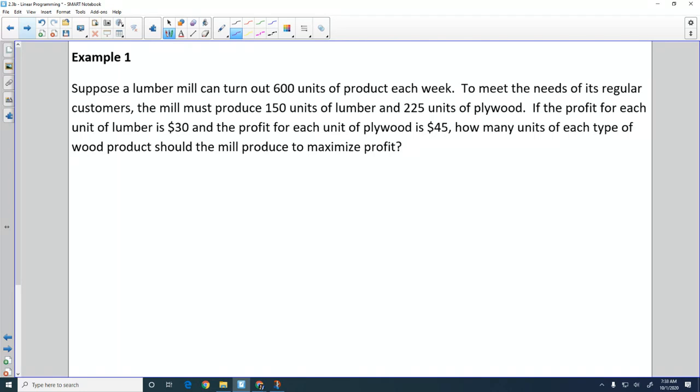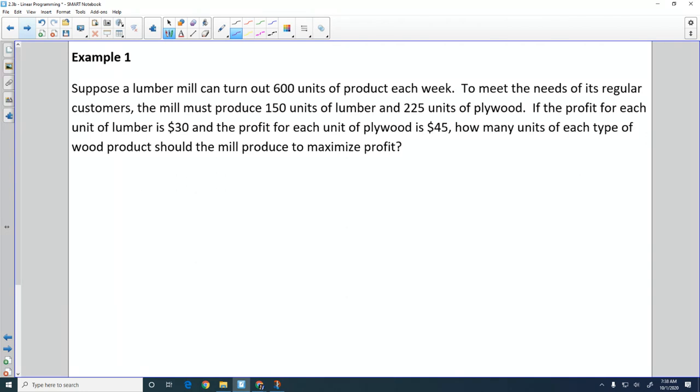Suppose a lumber mill can turn out 600 units of product each week, different types of, I don't know, wood stuff. And to meet the needs of its regular customers, the mill must produce 150 units of lumber and 225 units of plywood.